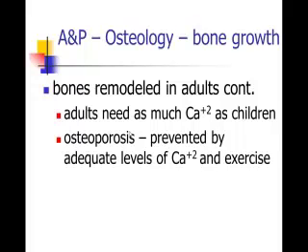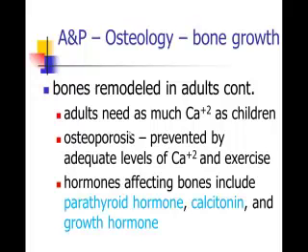Sometimes a condition called osteoporosis develops, especially with advancing age. Again, this can be caused by changes in hormonal levels within the body. And prevention of osteoporosis can be achieved by making sure that the person has adequate amounts of calcium in their diet and that the person is getting adequate amounts of exercise.